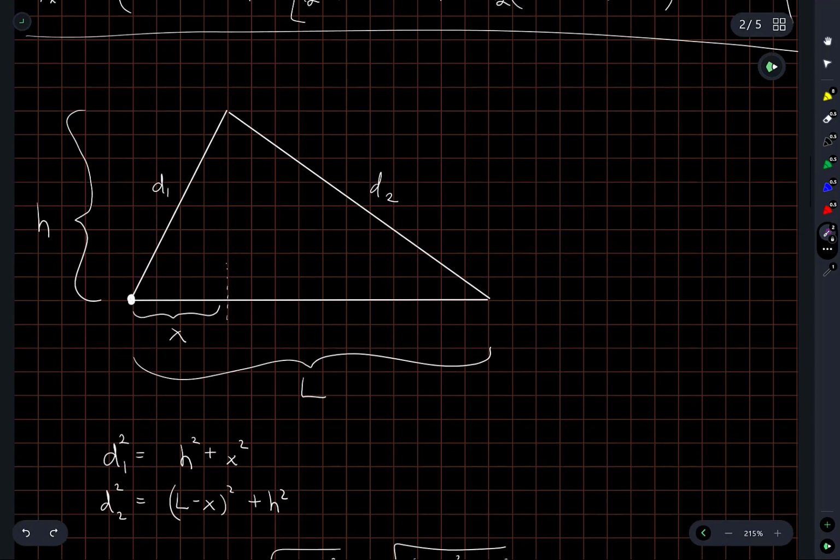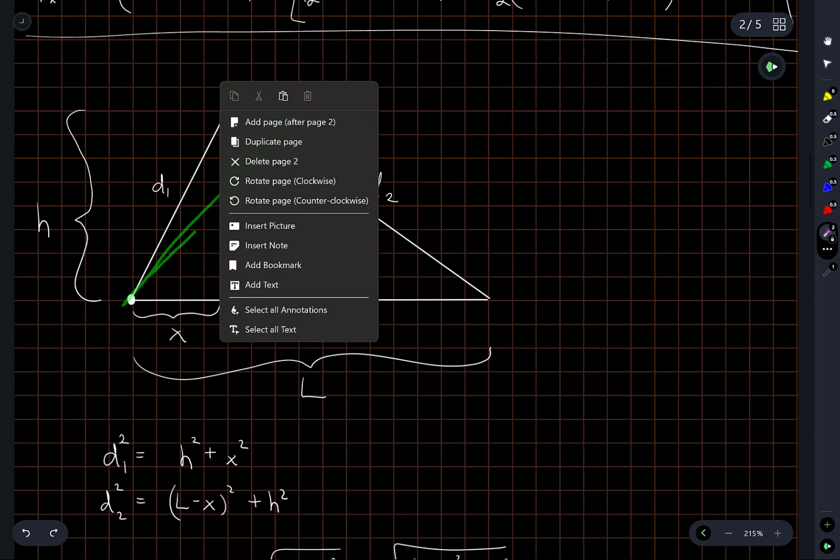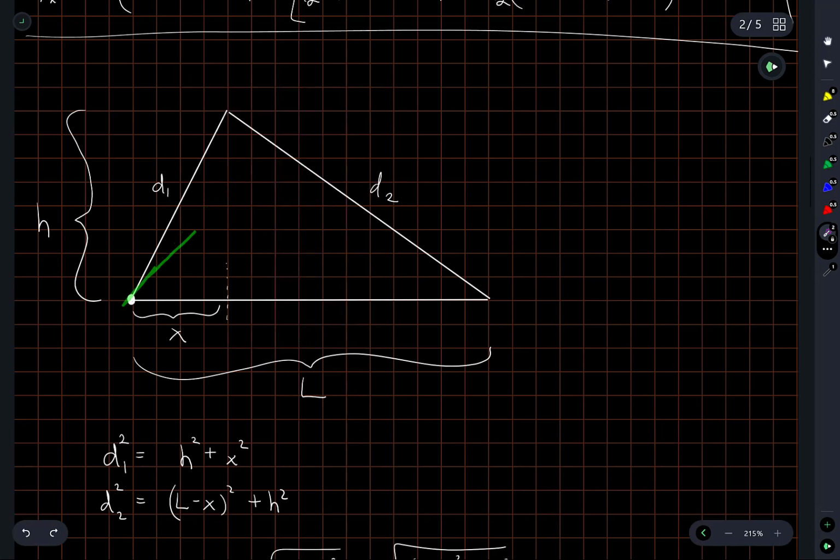So what is this saying? This is saying that if I'm moving this point along this direction here, then the point which minimizes the total perimeter of the triangle is the one that's at the halfway point of the base.